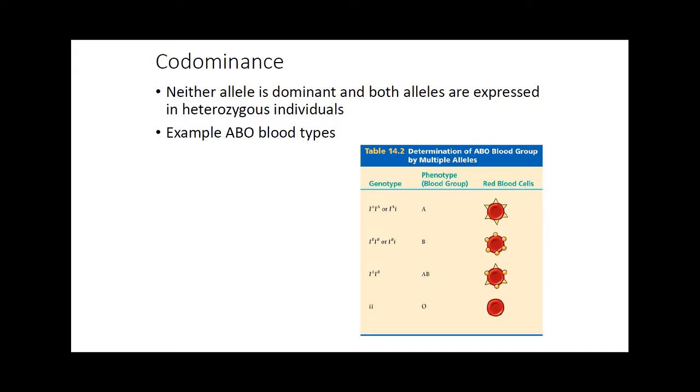So if you have AO, that means you're A blood type because you have A proteins on the outside of your blood cells. If you have B, you have B proteins on the outside of your blood cells. And if you're AB, you have both. It's not half of either, but both of them, which is why it's considered codominant instead of incomplete dominance.